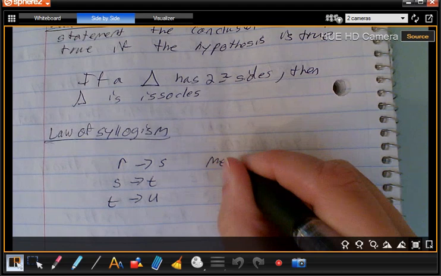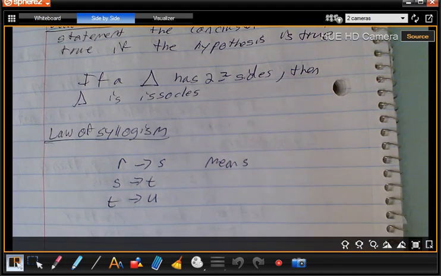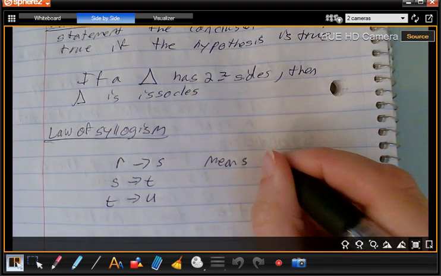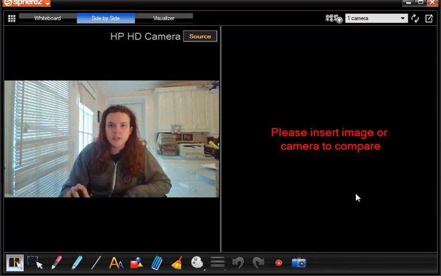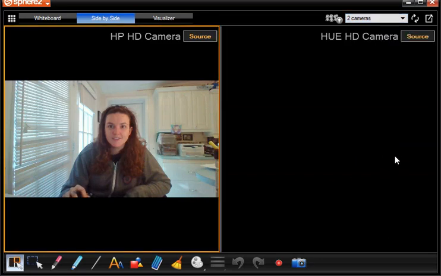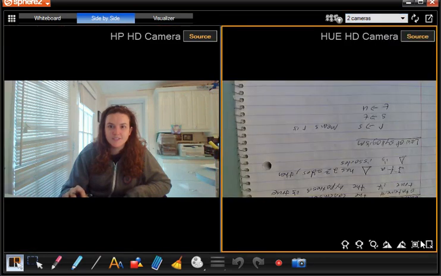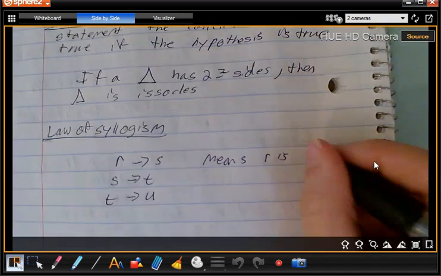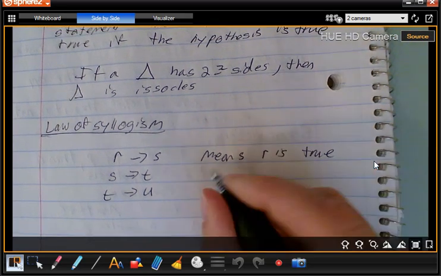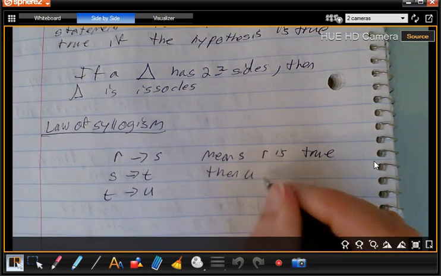This means if R is true, then U is true.